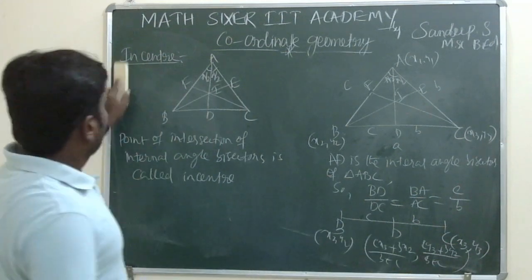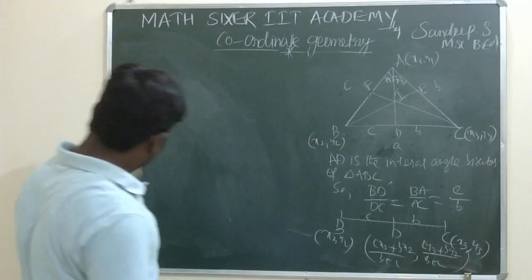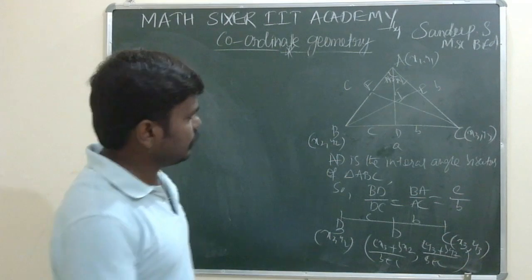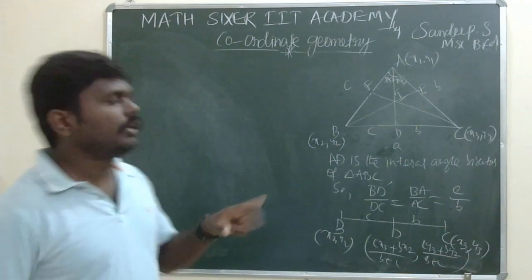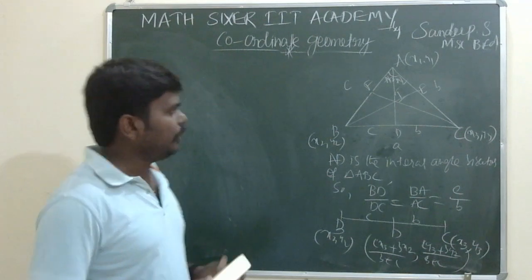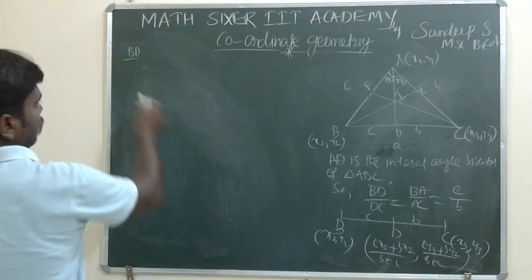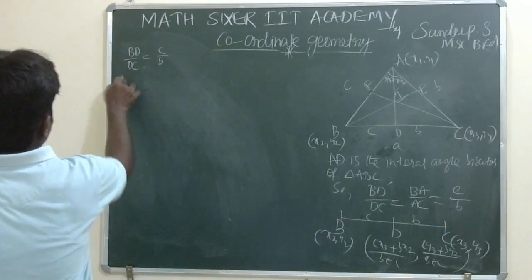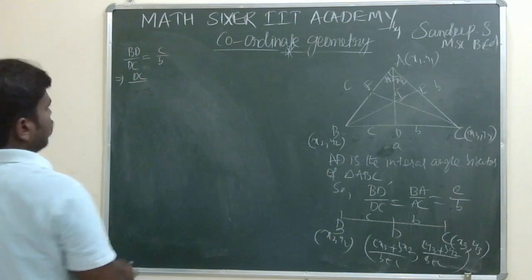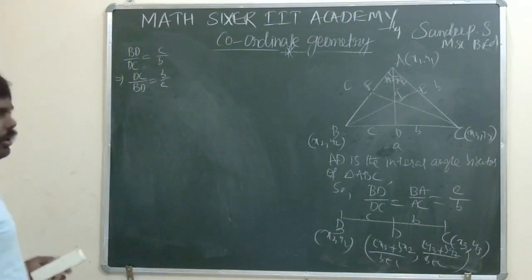So now here clearly observe one thing, because here we are going to find the value of BD in terms of a, b, c. Okay, so here as we know BD by DC is equal to C by B. We can write that by taking reciprocal, DC by BD is equal to B by C. Now add 1 on both sides.